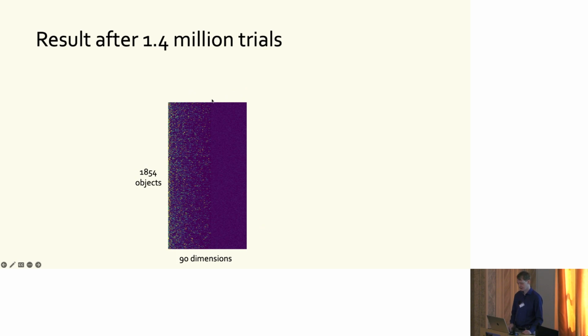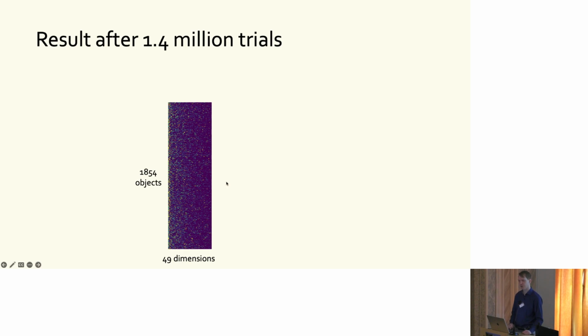And what you see is that the sparsity constraint has led us to a really, really sharp cut here, where these dimensions don't contribute anything to the prediction of the model. So you can just eliminate them. So you end up with a set, in this particular example, of 49 individual dimensions in a model.